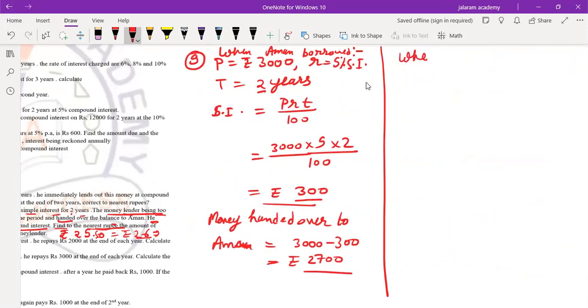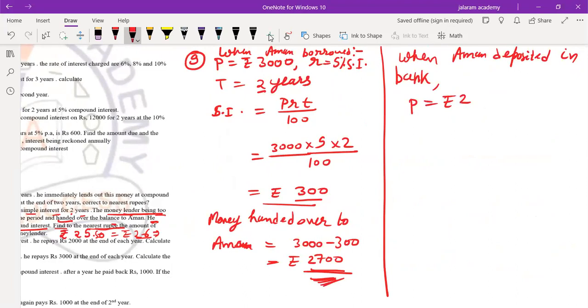So when Aman deposited in the bank, can you tell what amount he has deposited? Which was given to him by the money lender. The money lender paid him only rupees 2,700.